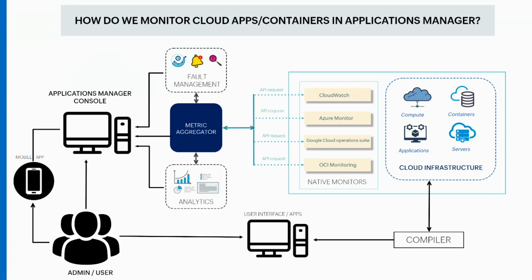Via the metric aggregator, we are pulling the information from the various cloud applications and container-based orchestration platforms. We are using the APIs provided by the respective vendors which we are planning to monitor.